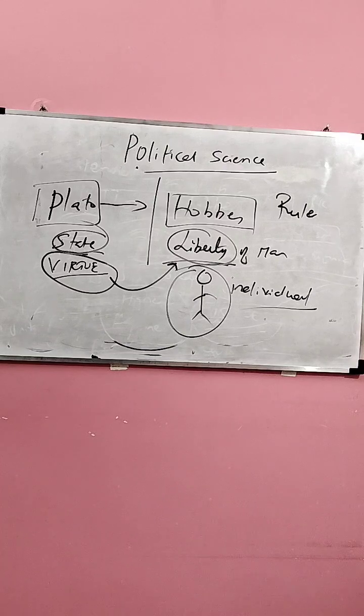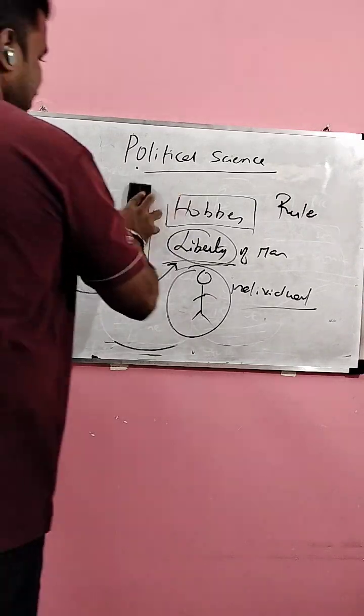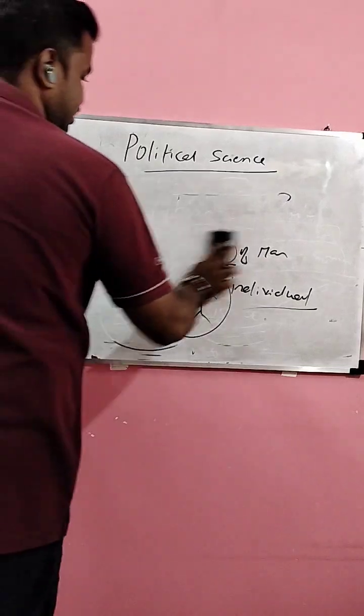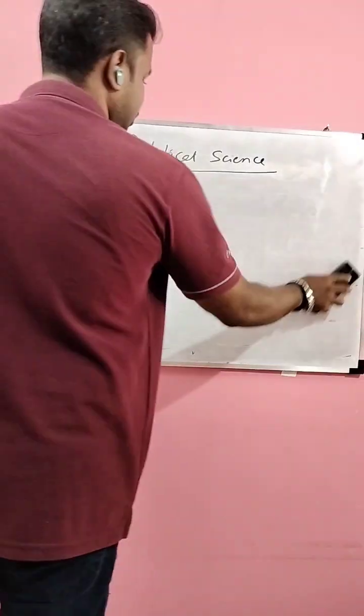Thomas Hobbes, along with two other scholars, were called the natural rights theorists as well as social contract theorists. We will now study natural rights as well as social contract.